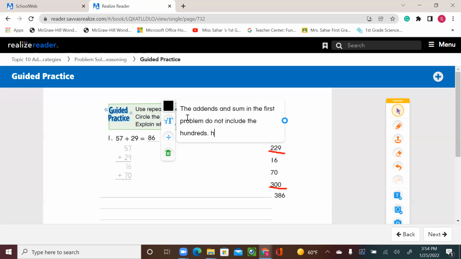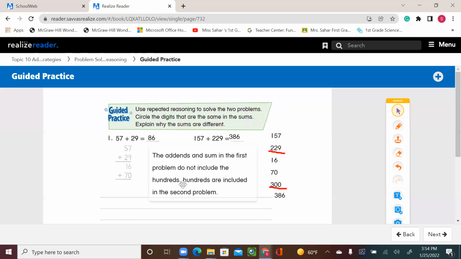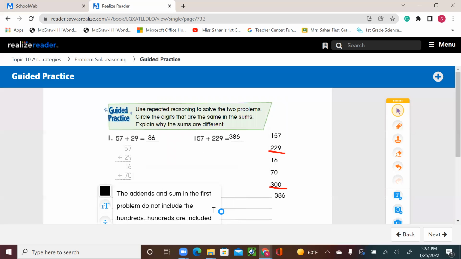But the second one includes the hundreds. Okay, so this is your explanation.